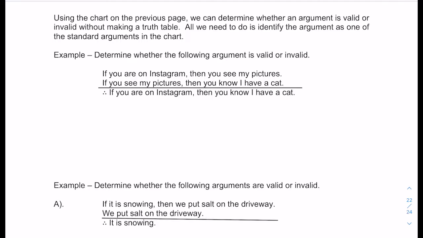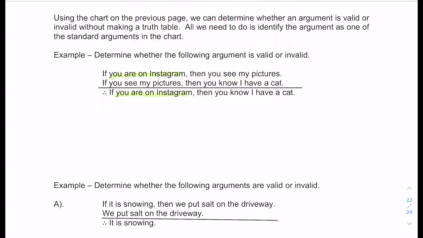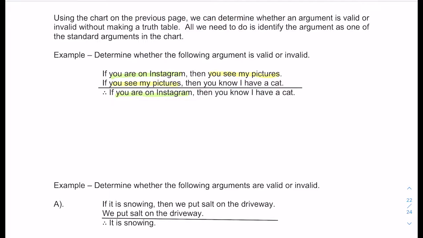So the first statement, if you are on Instagram, anywhere I have Instagram, that's going to be P. My second statement, you see pictures, that's going to be Q. And then the third statement, you know I have a cat, is going to be R. So if you are on Instagram, then you see my pictures.